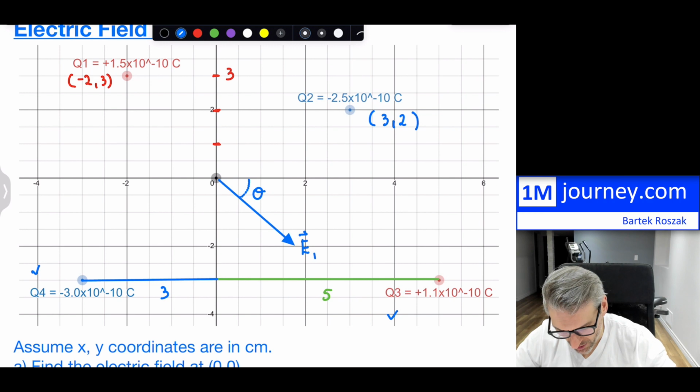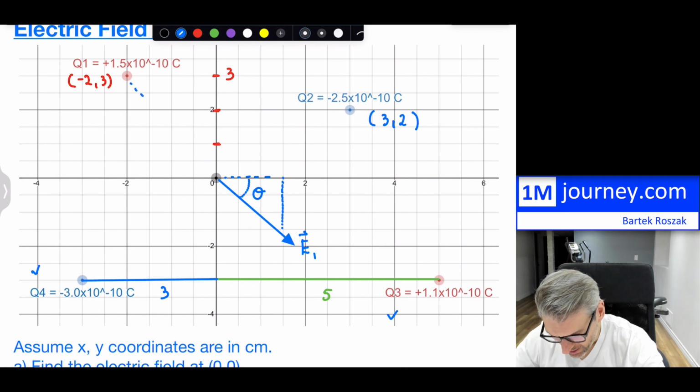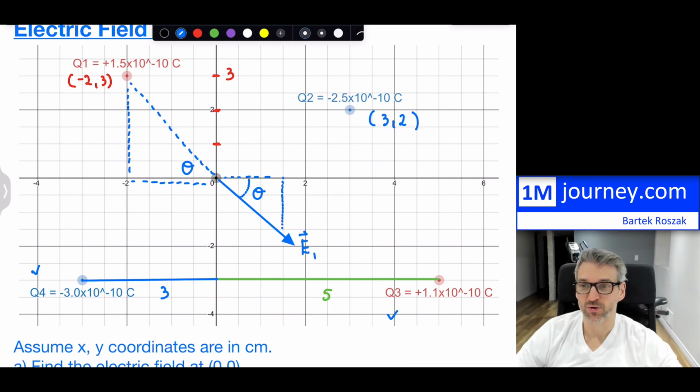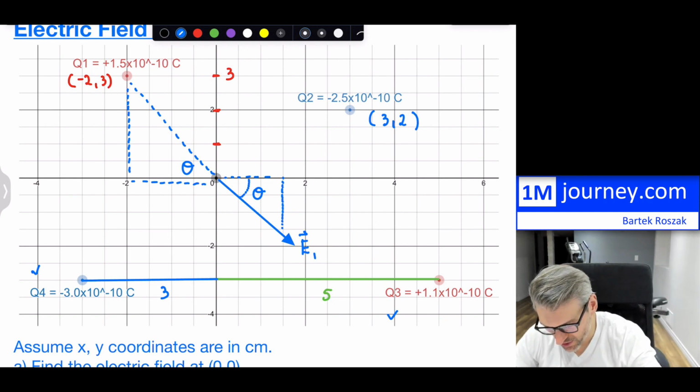Well, that particular angle, as it goes right this way, is exactly the same as this angle right there, right? And that angle is coming back from this particular triangle again. So if I want to know that angle, let's say this is my opposite, this is my adjacent, right?